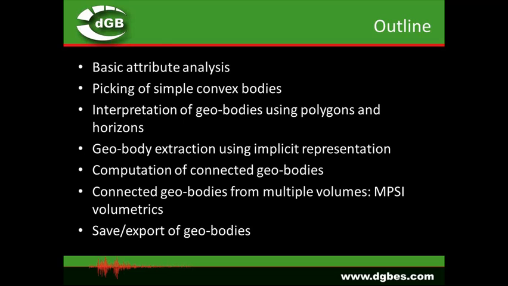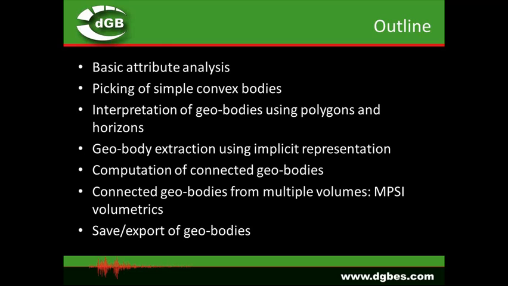And as a result, soon after this basic attribute analysis, I'll already be in a position to pick very simple convex bodies, which is the first kind of bodies you can interpret in OpendTect. After picking the simple convex geobodies, I'll show you how you can interpret geobodies using polygons, a combination of polygons and horizons.